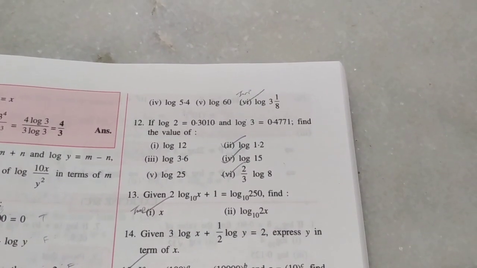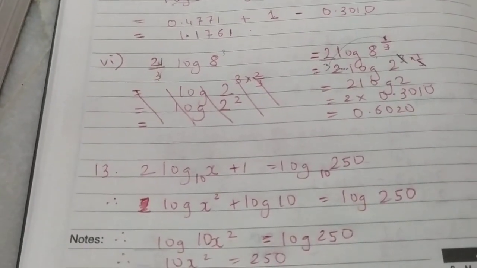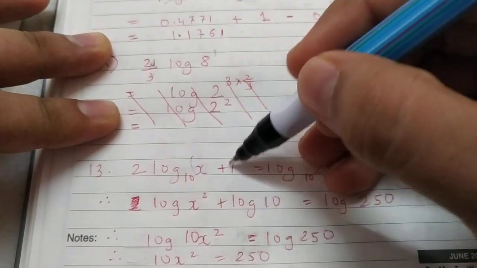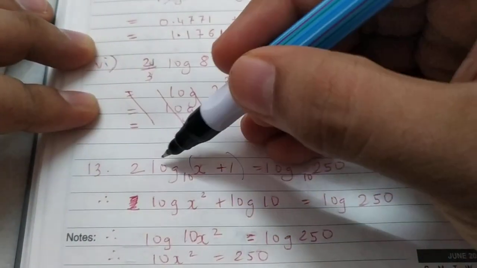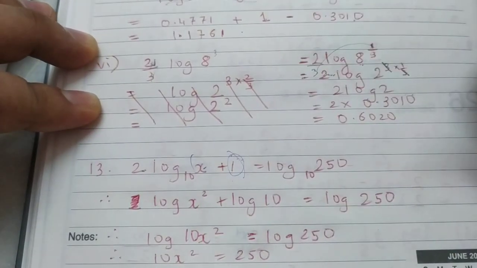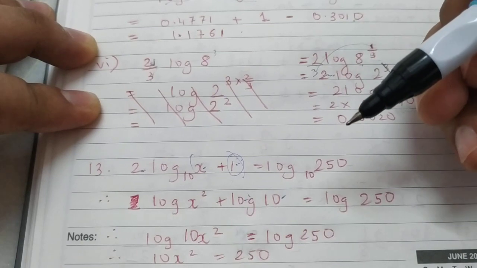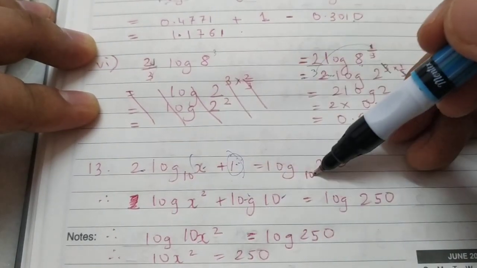13.1 is IMP. In the given equation, we have to get the value of x. Now remember, don't think it is log of x plus 1. There is no bracket out here. This 2 log x is a separate term and plus 1 is a separate term. Let's write that also in terms of log 10, and the base is 10. That's understood. I'm not going to write that again.